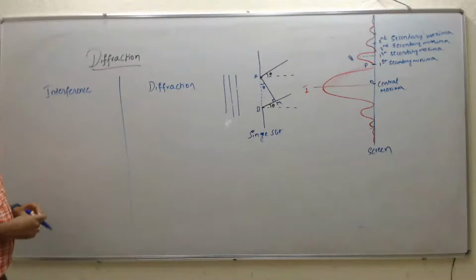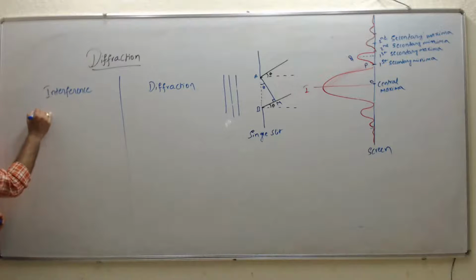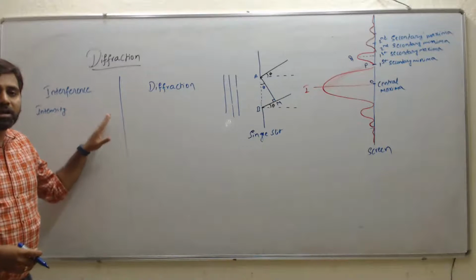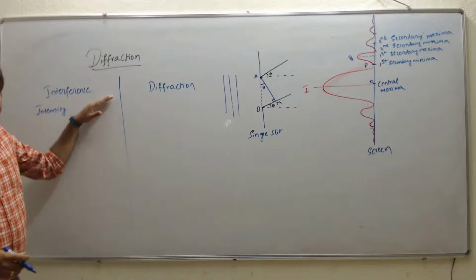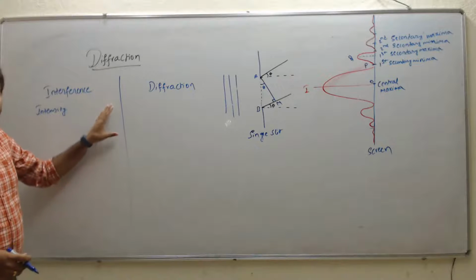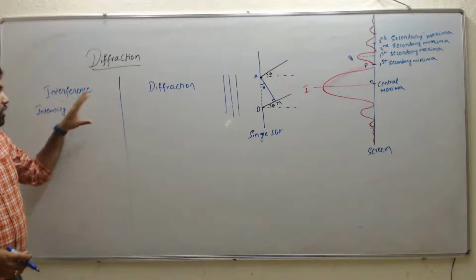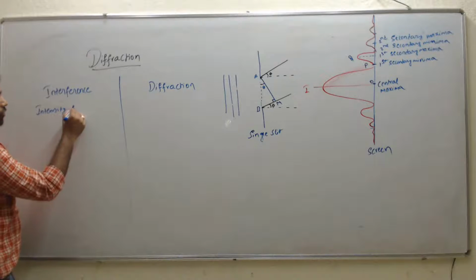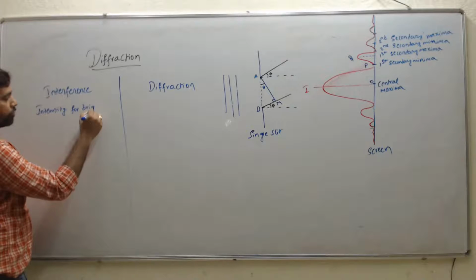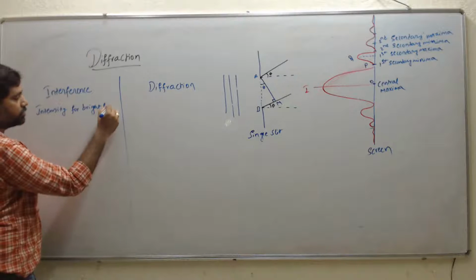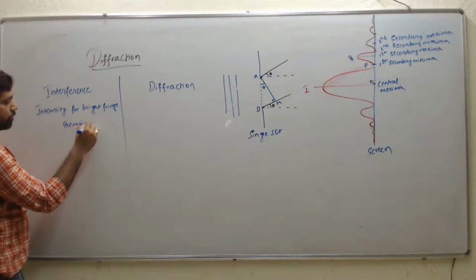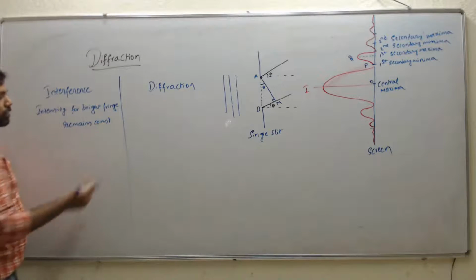So the next point, if we write, is intensity. In interference, the regions, that is the dark region and the bright region, are all of the same width, and also the intensities are constant for the bright fringe. The intensity for the bright fringe remains constant, right?